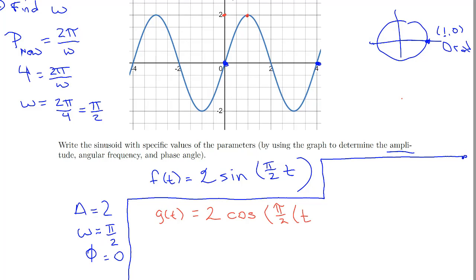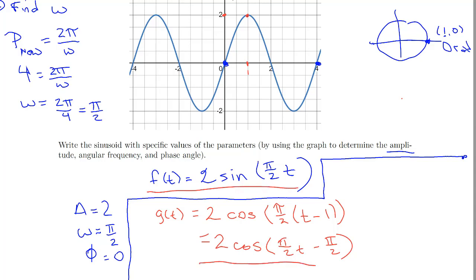I've shifted it to the right by 1, which means I subtract 1. And now it's in that shifted form I was talking about. I can multiply it out. This is equal to 2 cosine of (pi over 2 t minus pi over 2). And now I know my phase angle. This is exactly the same graph as this one. One's using sine, one's using cosine. When it's using cosine, I've shifted it.